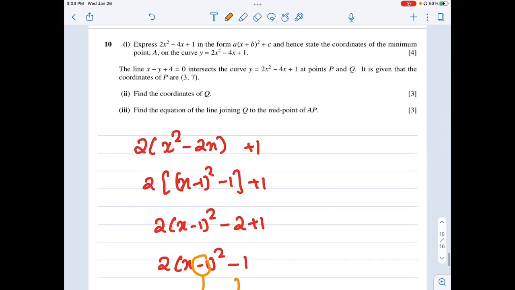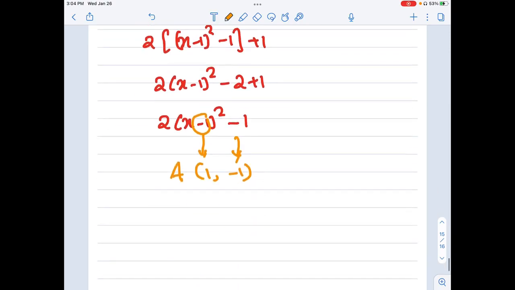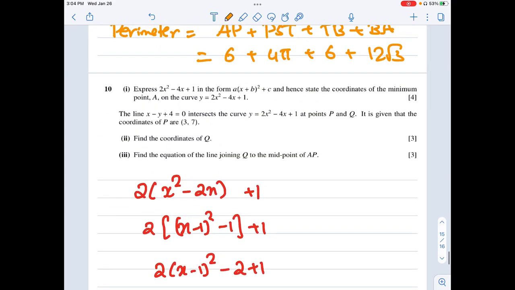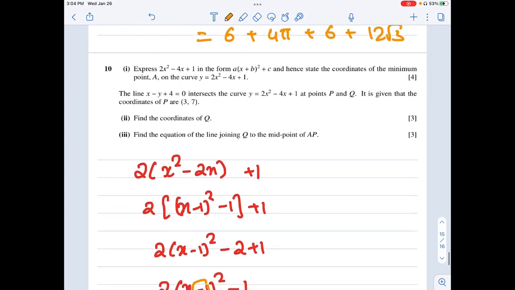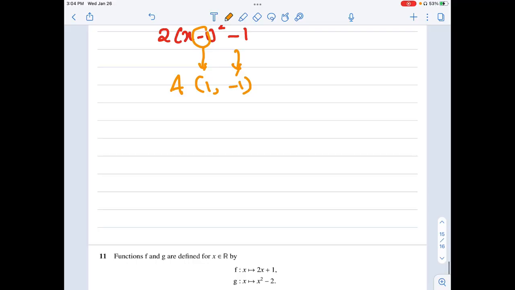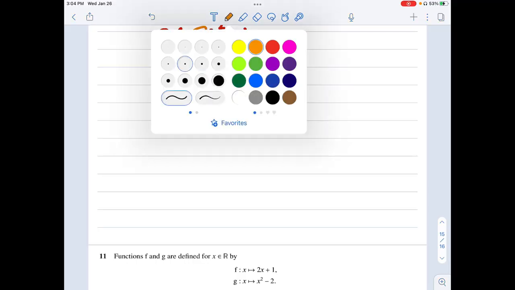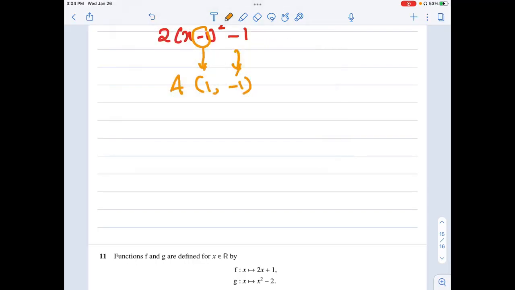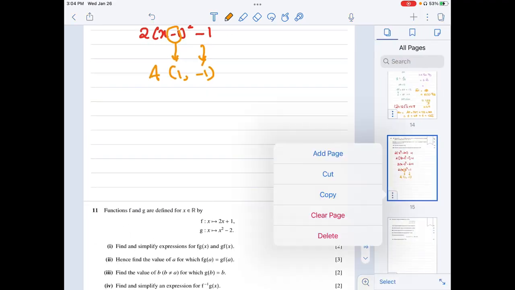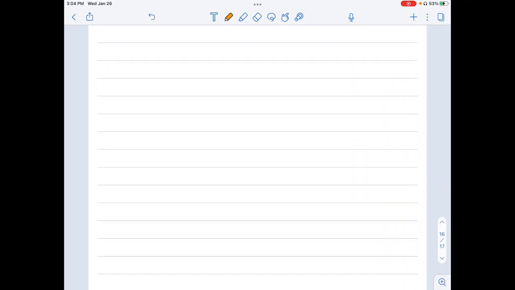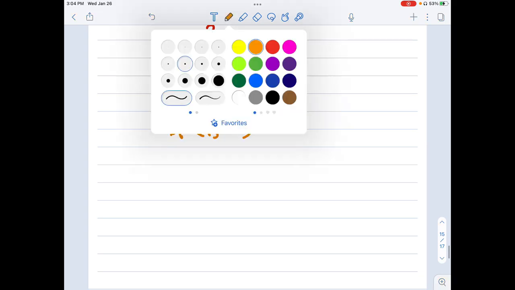Then the line y equals x plus 4 intersects the curve at points P and Q. Given that the coordinates of P are 3, 7, find the coordinates of Q. What is the equation?